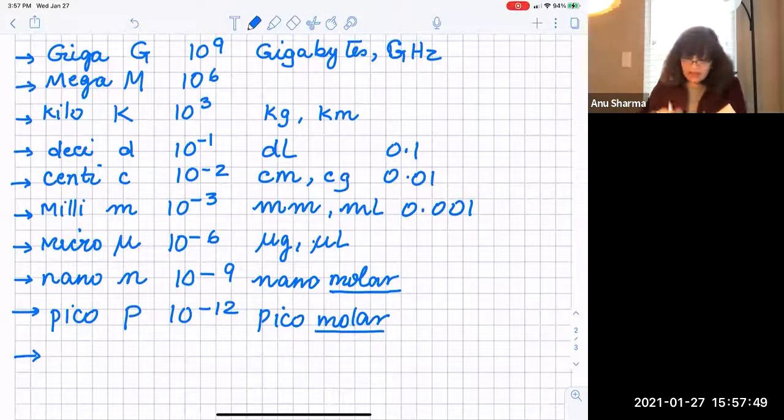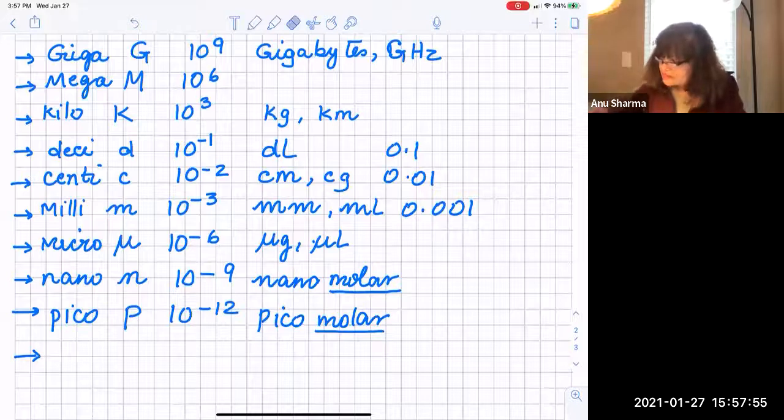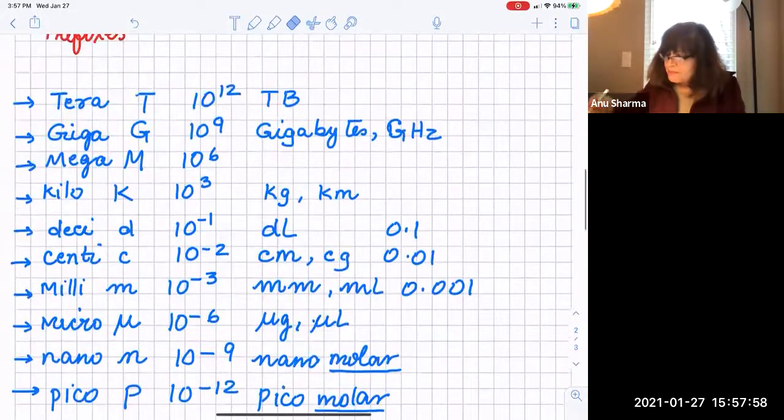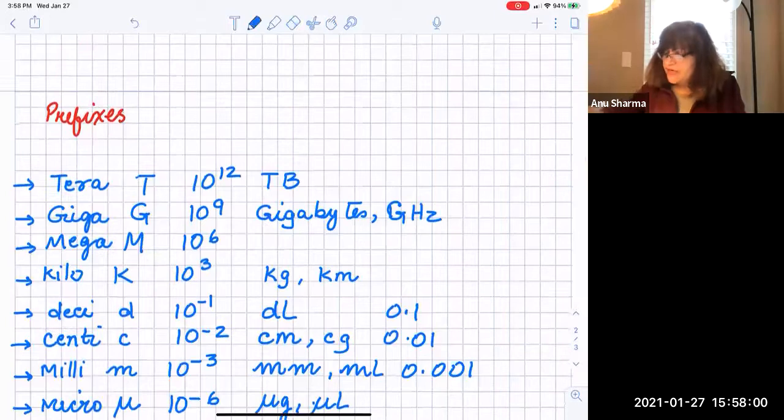So with that said, now we also have these equalities, and then we are looking at the conversion factors. These prefixes are just used very generally, and they can apply to any of the units.